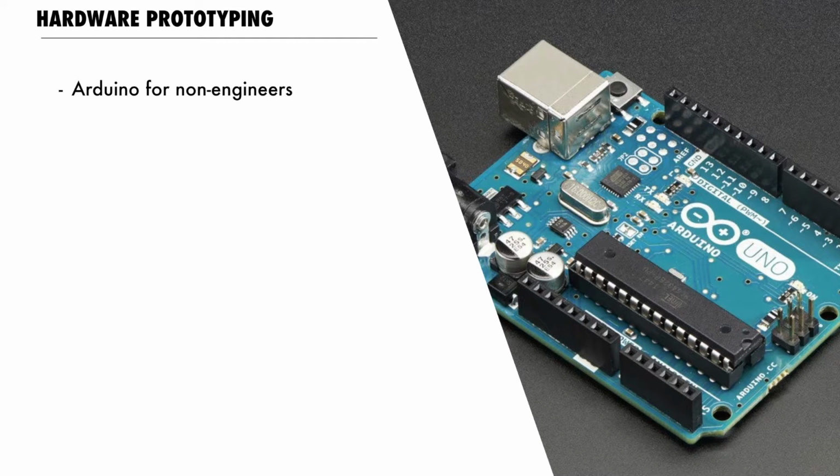As far as I remember correctly, the Arduino was introduced around 2005, 2006, and this was the first prototyping board that got really popular in a really short amount of time.